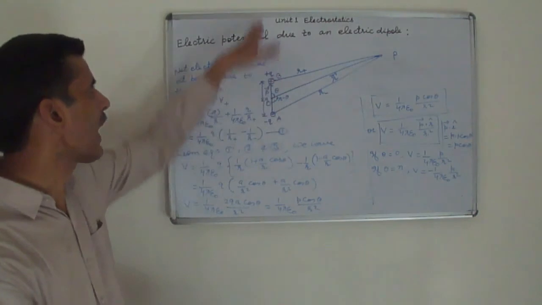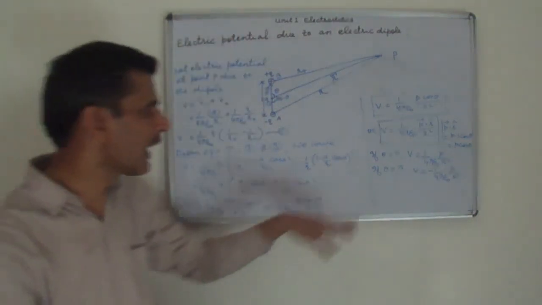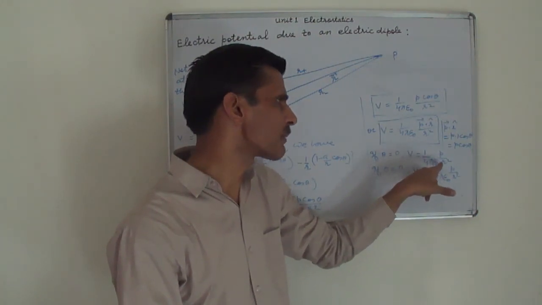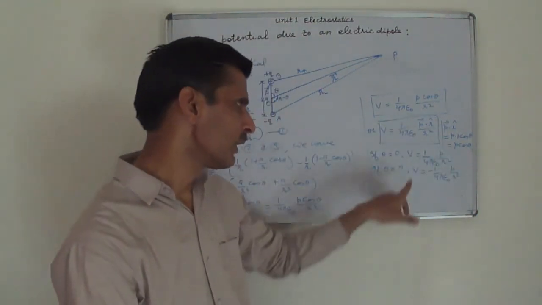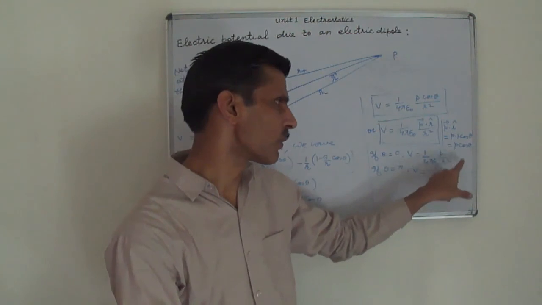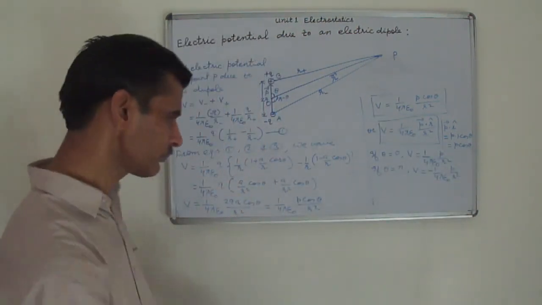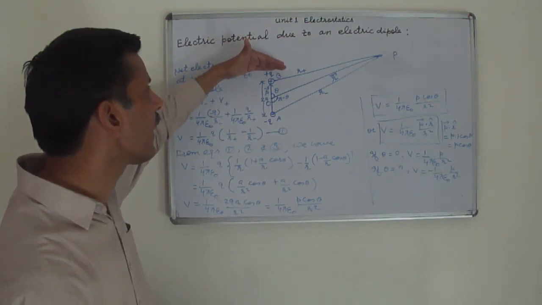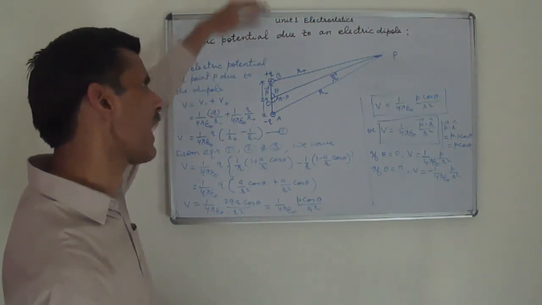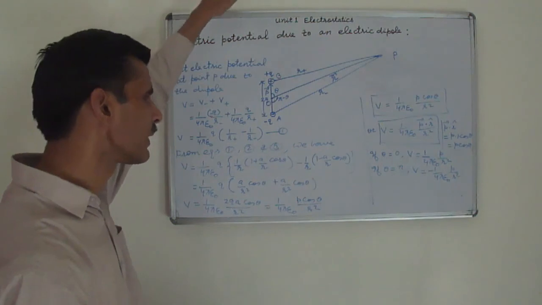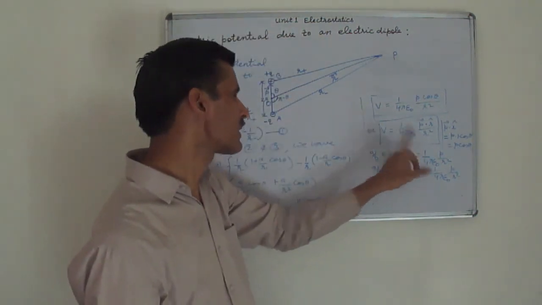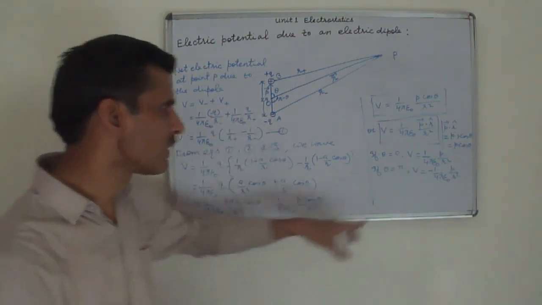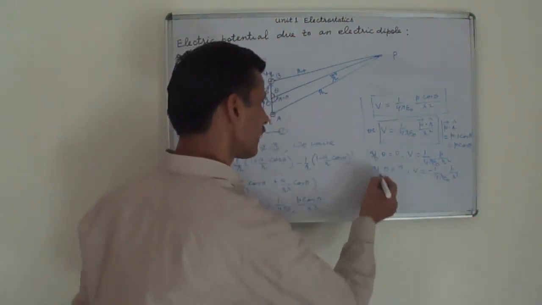If point P lies on the dipole axis, then V is plus 1 upon 4 pi epsilon naught, p upon r square, or it is minus 1 upon 4 pi epsilon naught, p upon r square. If it is on the side of the positive charge, then there is a plus sign. If it is on the side of the negative charge, then there is a minus sign.